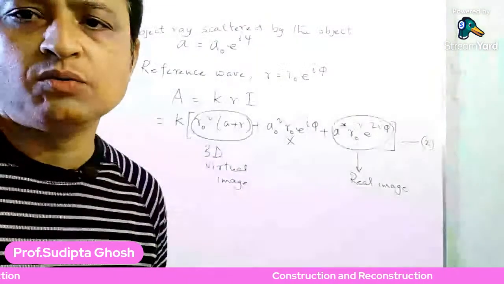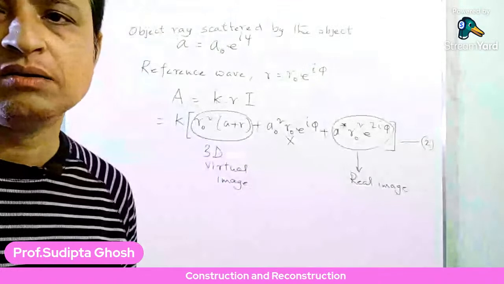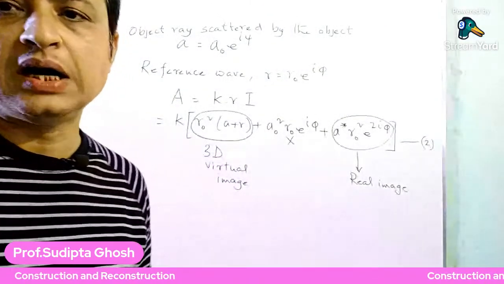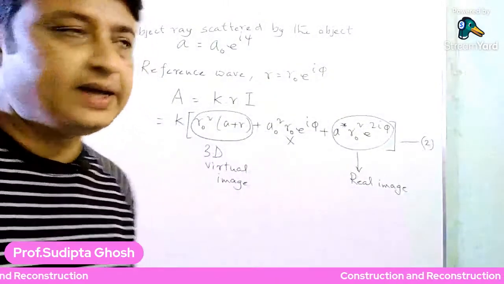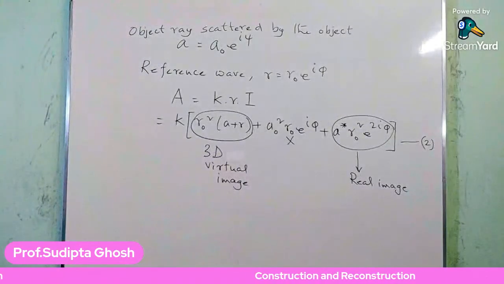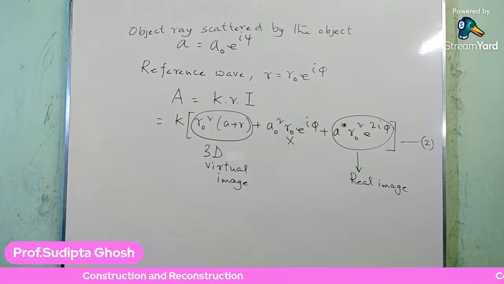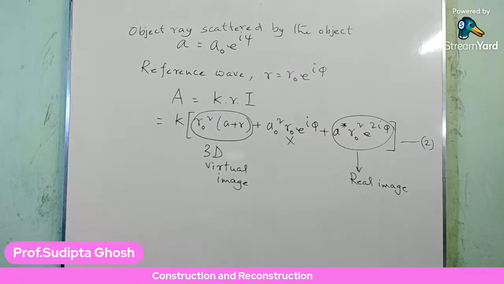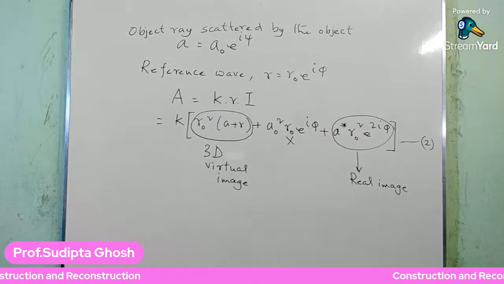Sir, I equal to square A here. I can get it, Shilpa. No, I is actually the equation number 1 itself. I have written capital I equals, in equation number 1, A0 square plus R0 square plus twice A0 R0.